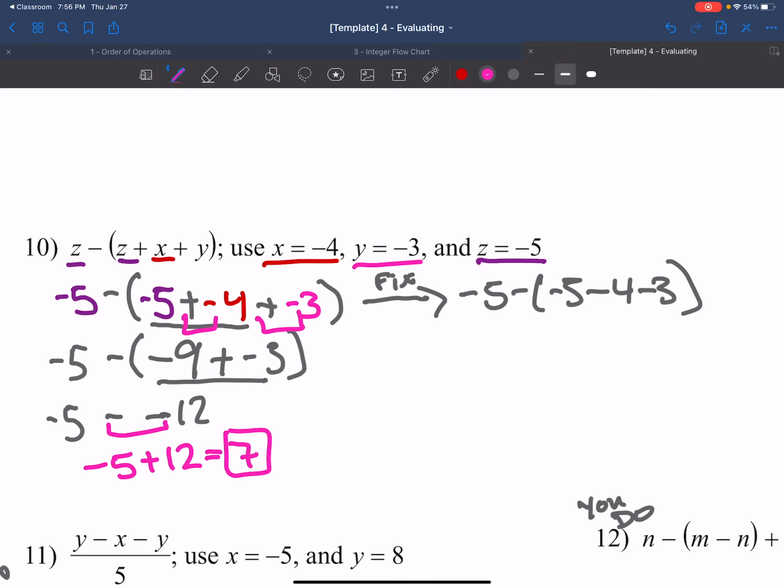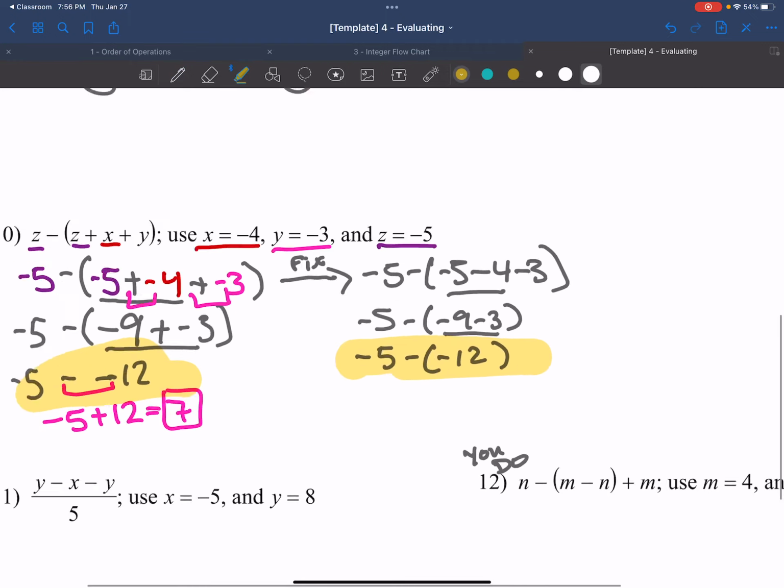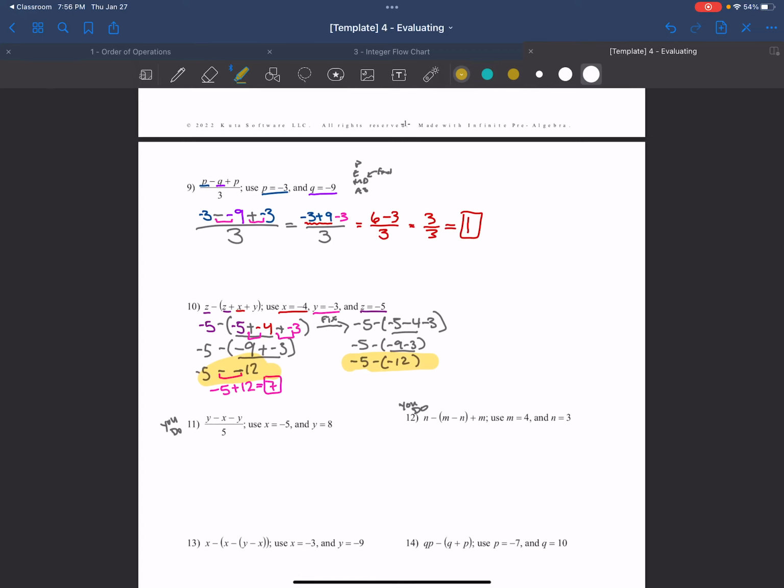You will still get the same answer, because -5 minus 4 gives us -9, minus 3 gives us -12. And look at that. Now we're in the same spot we had been over here, where we can drop that parentheses and do all of that fun stuff. So you will do 11 and 12 on your own.